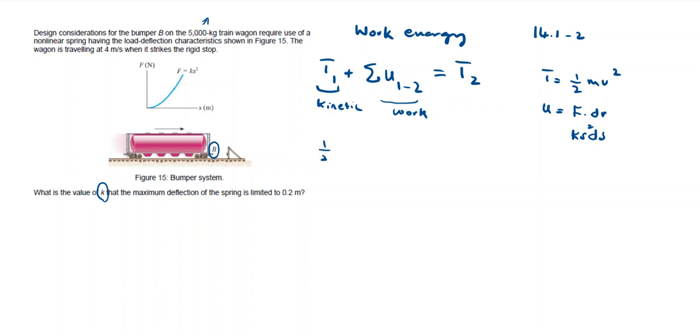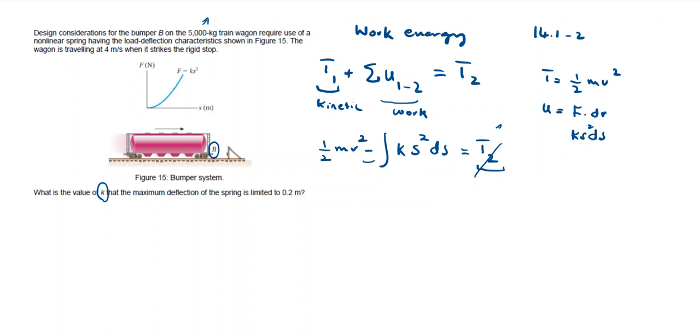So it is half m v squared minus the integral, that's for the work, which is k s squared ds, is equal to T2. And T2 in the second stage is 0 because there is no velocity, the wagon has stopped, so that has gone to 0.